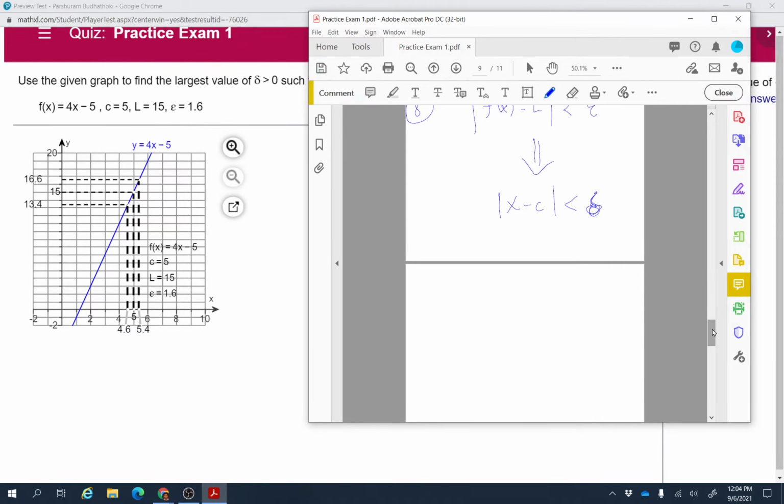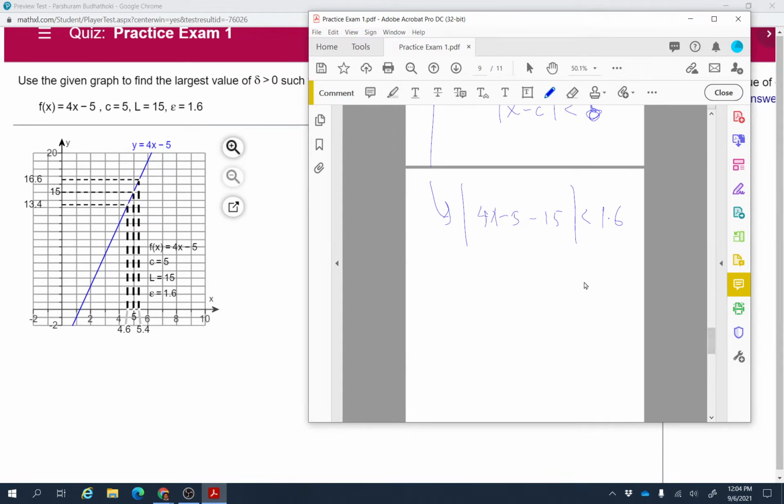Okay, so let's plug in the value of f of x. In this case, it's 4x minus 5. L is 15. Epsilon is 1.6. Now if I simplify, remember I need x minus c, and c is 5. So how do I go from here to x minus c? 4x minus 20, that's the simplification.